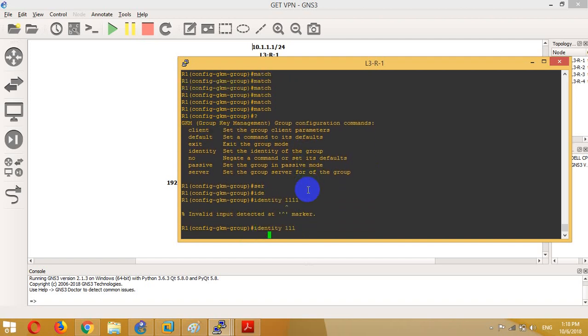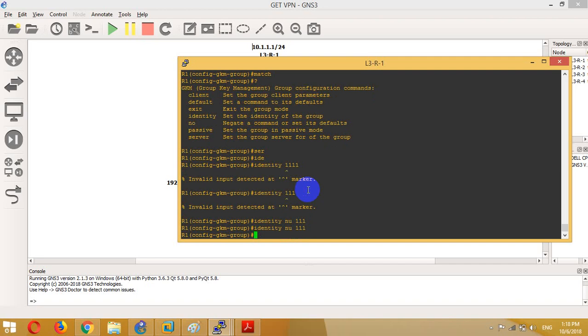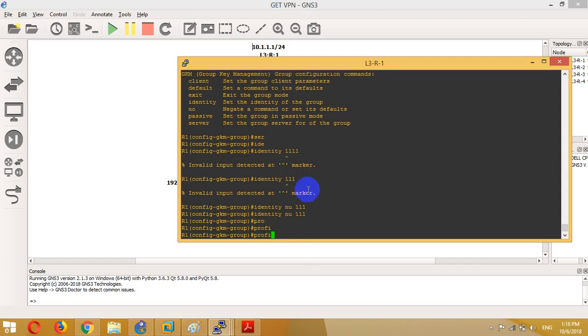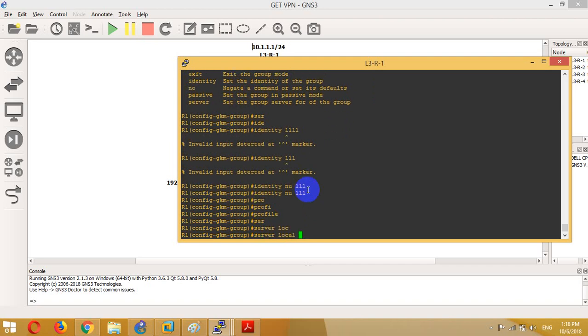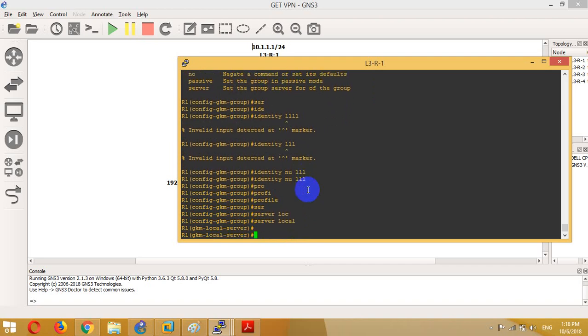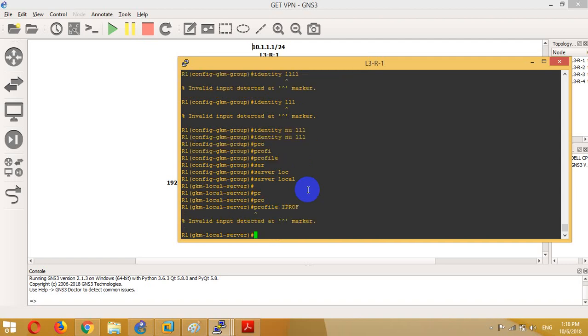No, sorry, identity number profile. Let's see, server local. Yeah, here I think profile iProf, even though.